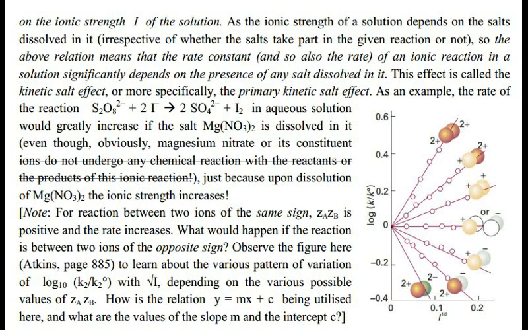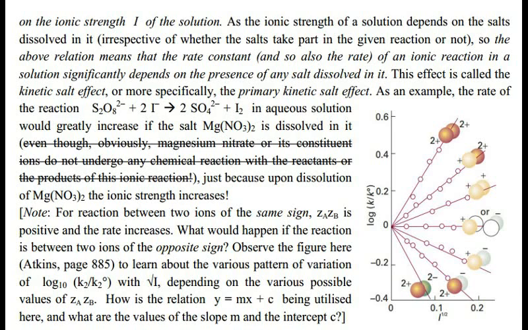As per this relation, log of K2 is equal to log of K2 naught plus 2 ZaZb A square root of I, this will be greatly changed. This is the primary kinetic salt effect, and we can see this variation as log of K2 versus square root of I.